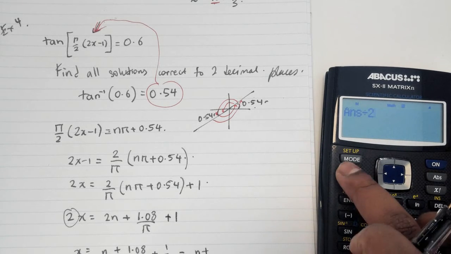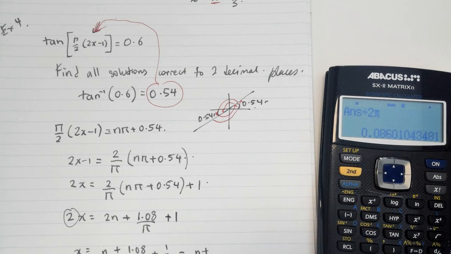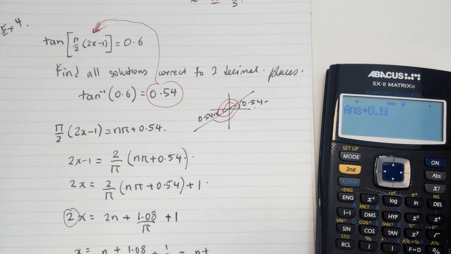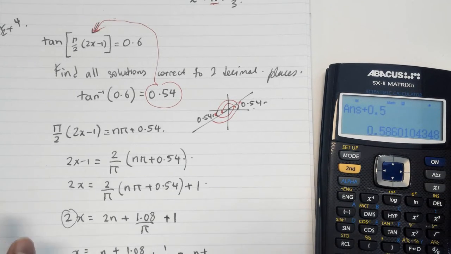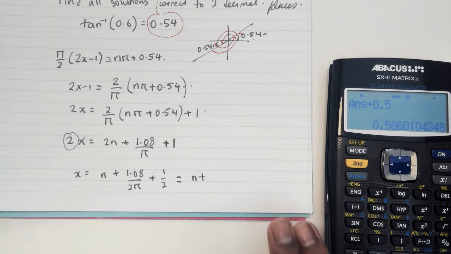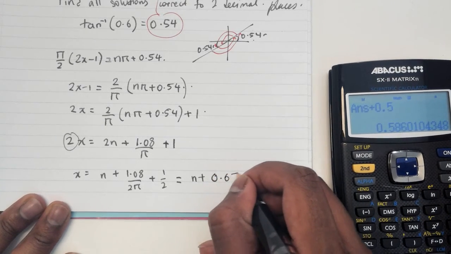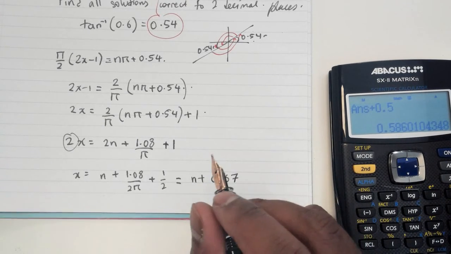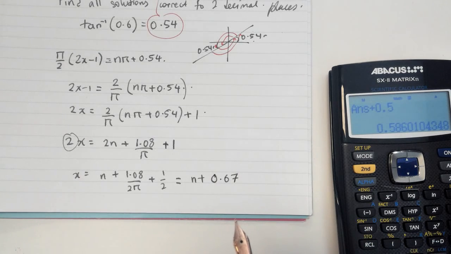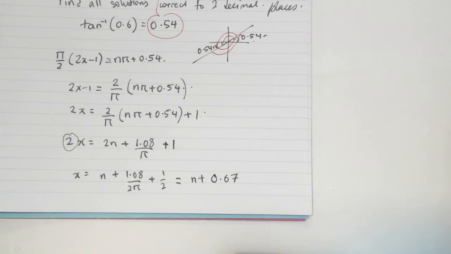Divided by 2 pi, and plus 0.67. Let me just double check that.